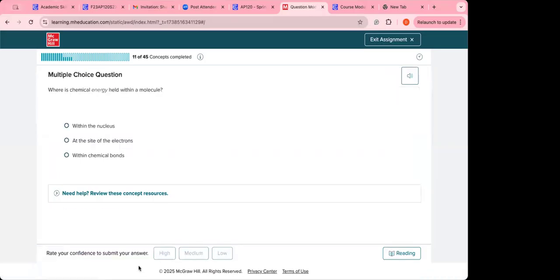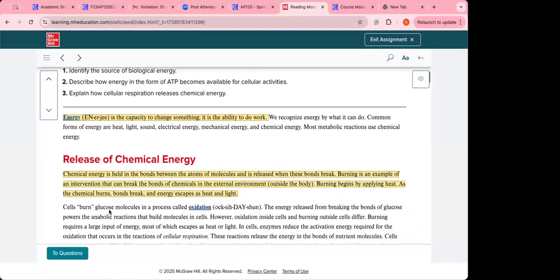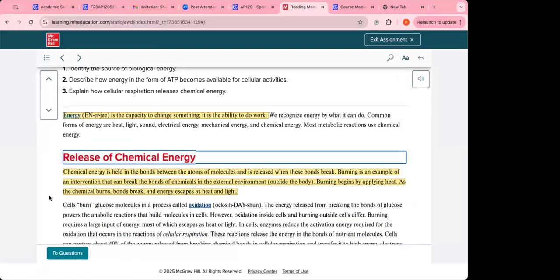Okay, next thing. Where is chemical energy held within a molecule? Within the nucleus, at the site of the electrons, or within chemical bonds? Chemical energy is held in the bonds.